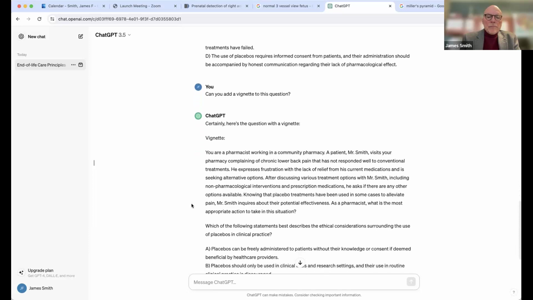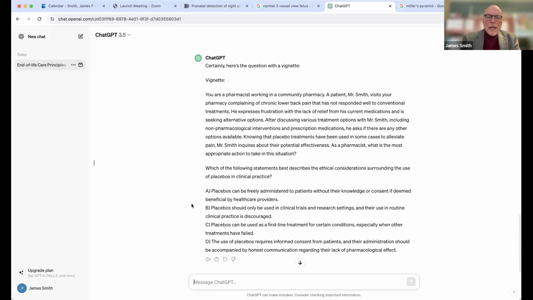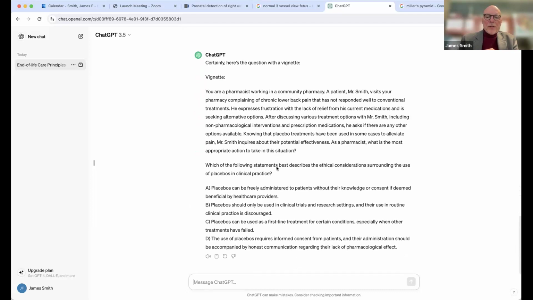Yeah, so it looks like there's a vignette that's been added, but the same answers are present. And it looks like here's the, as a pharmacist, what is the most appropriate action to take in this situation? Well, let's see. That doesn't make any sense. So it looks like the vignette is up here, but the answers don't follow. There's no answer for this. What is the most appropriate action to take in this situation?